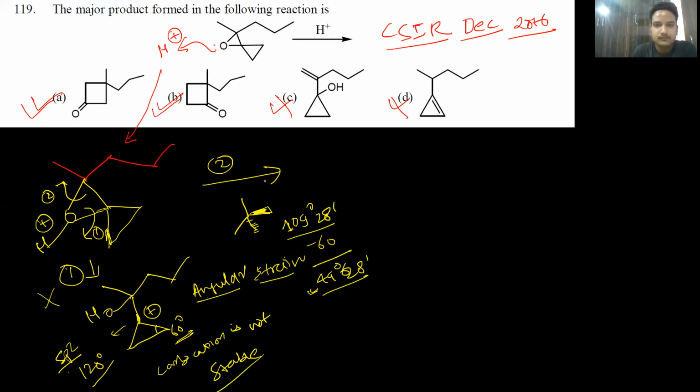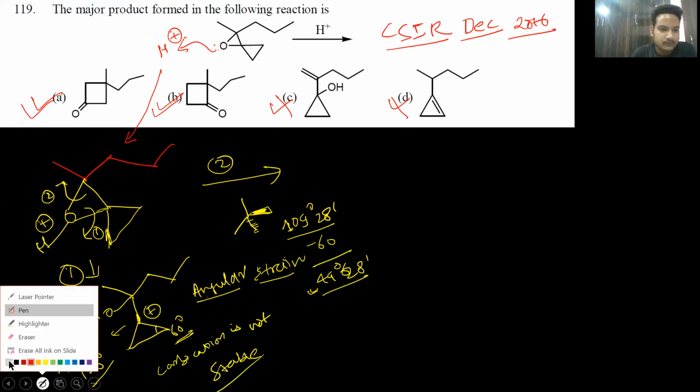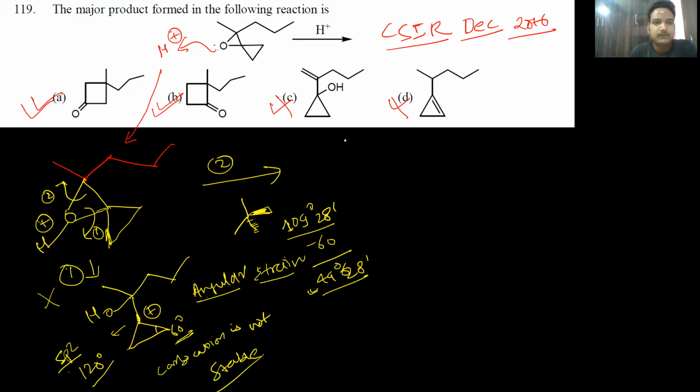So let's see. I choose path number A. In path A, positive charge will be developed here. Now this positive charge is very stable. Why?